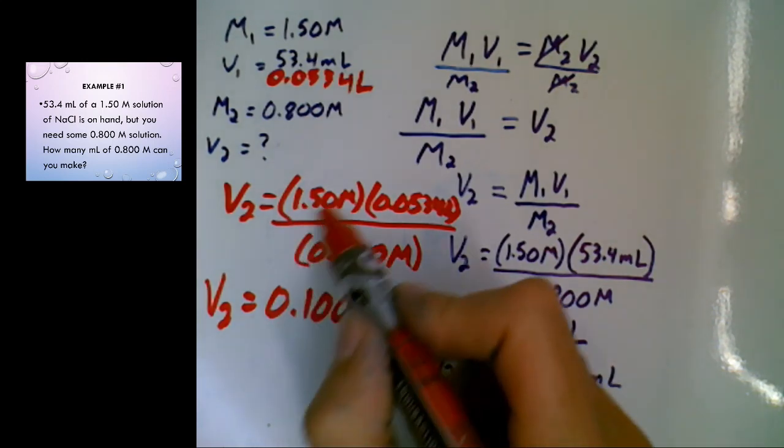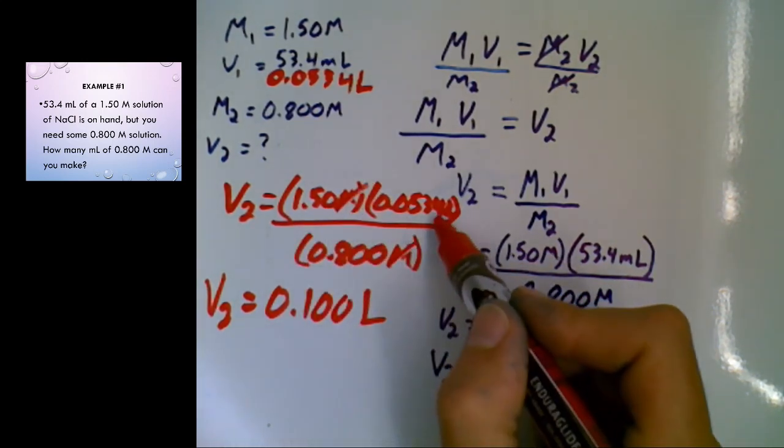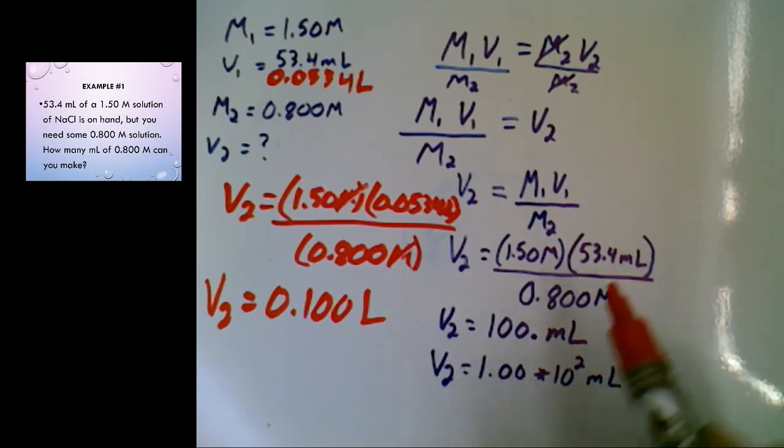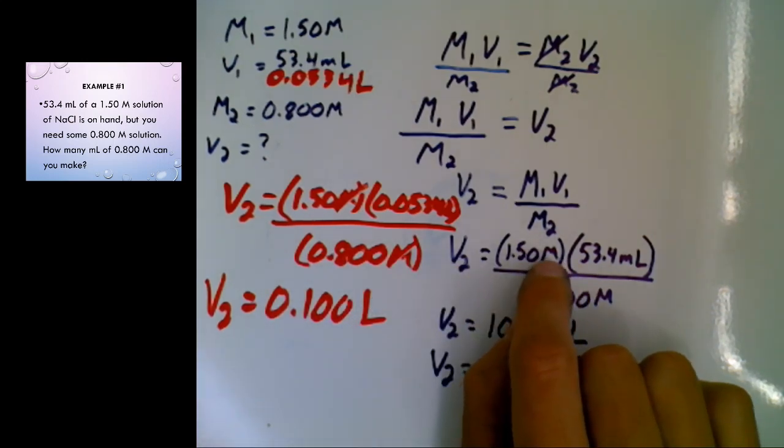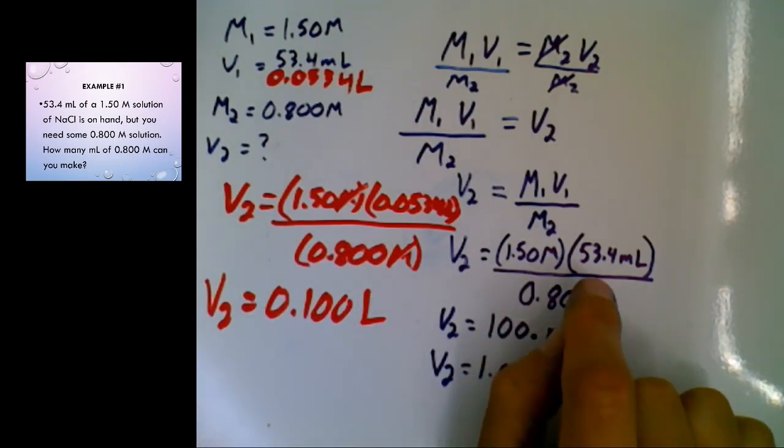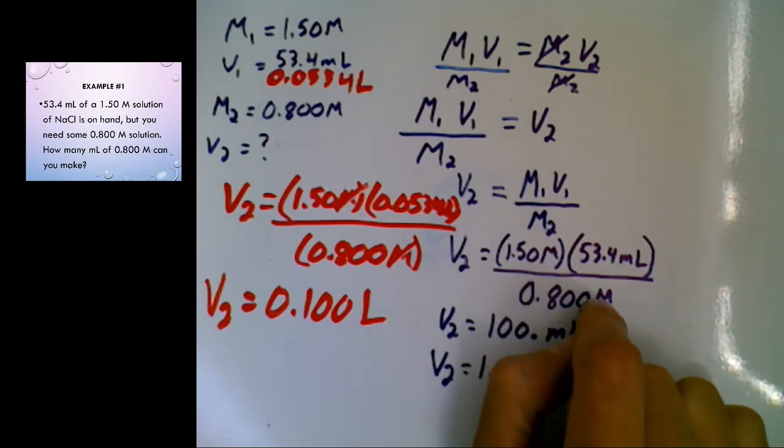You see, molarity divided by molarity, that goes away, and the only units you have left are whatever units you chose for volume. And 0.100 liters is exactly the same thing as 100 milliliters. So it doesn't really matter what units you use, but if you have more than one of the same unit, they have to be the same. So I have 2 molarities.